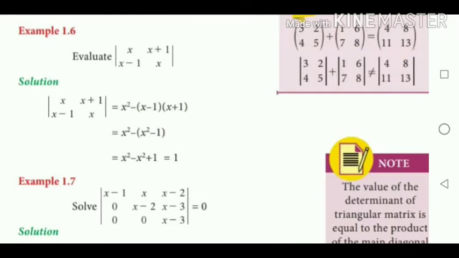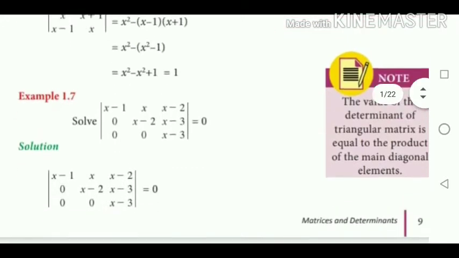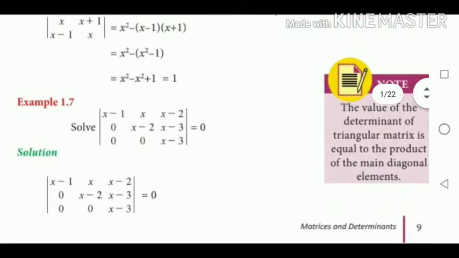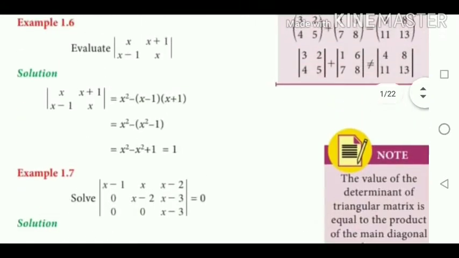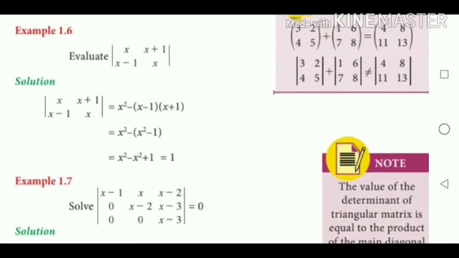We know a plus b into a minus b equals a square minus b square, so apply that formula here. That is, x minus 1 into x plus 1 becomes x square minus 1. Next you change the sign: x square minus x square, and minus into minus 1 gives plus 1. The x square cancels, and the value is 1. That is the value of example 1.6.